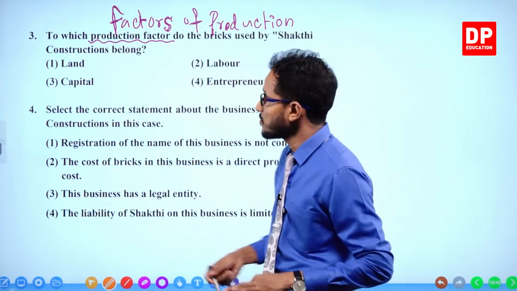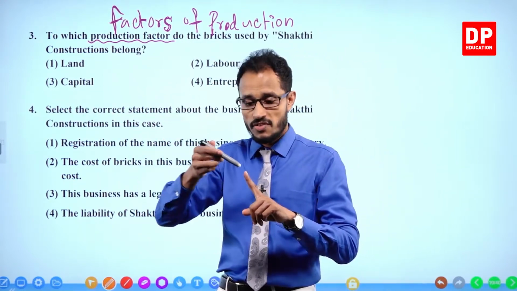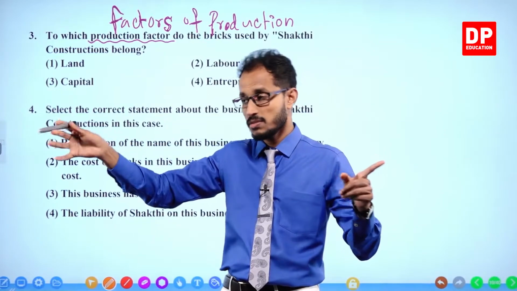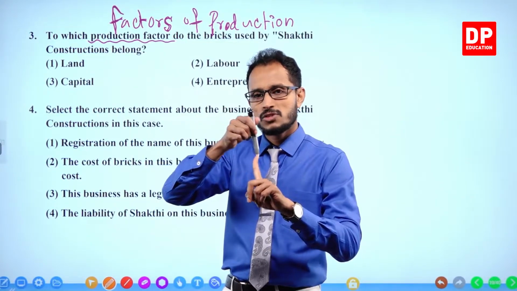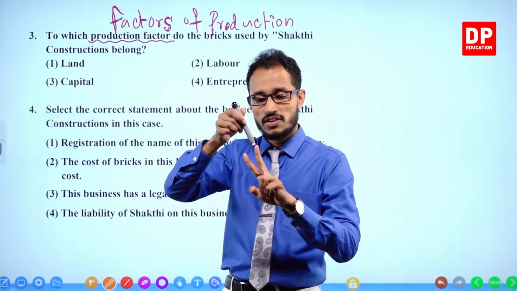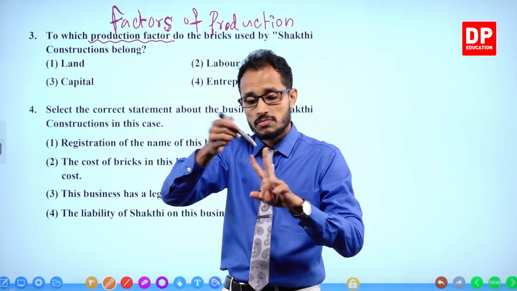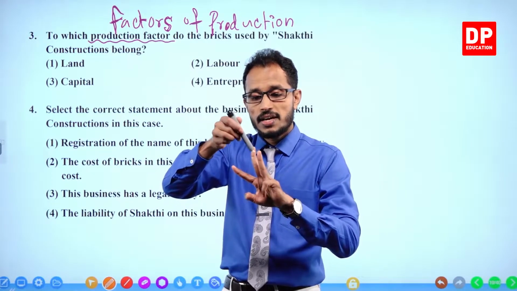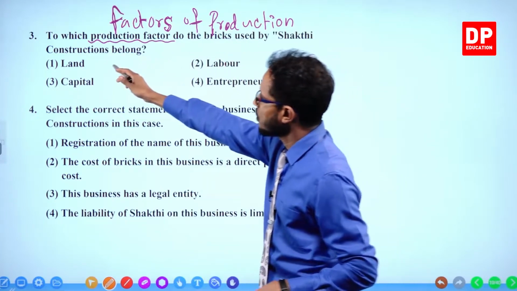That's right, capital. Because bricks are not 100% natural, extracted from the natural environment. The bricks don't grow on trees. Labor is the human resource, human employees. Capital is the man-made resources. So bricks go under capital.